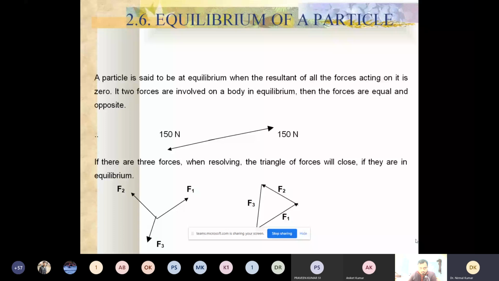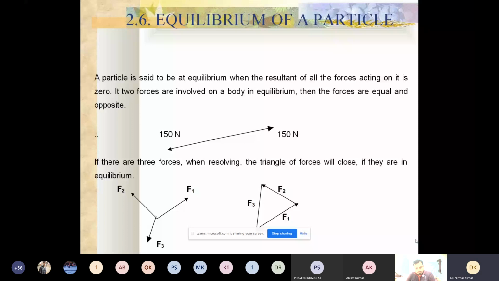Therefore, this is the best understanding of the condition of equilibrium, equilibrium of forces. Newton's first law, I am narrating again here: the body will remain in its original position, whether it was at rest or in motion. In that original position it is the equilibrium condition, and the body will just stay that way.